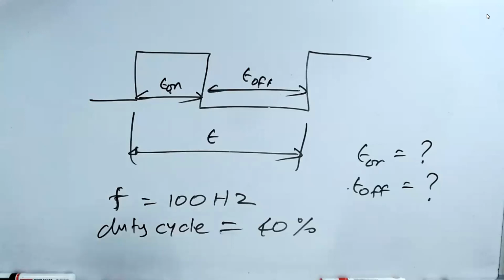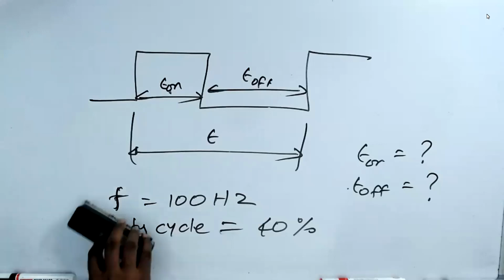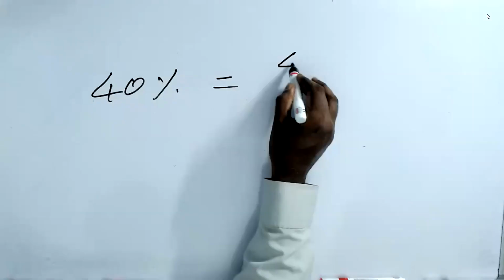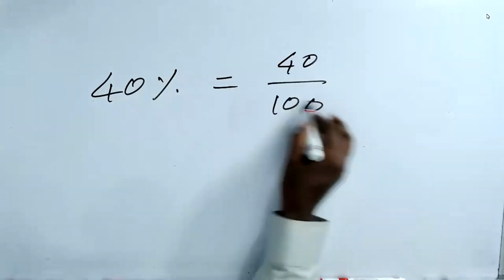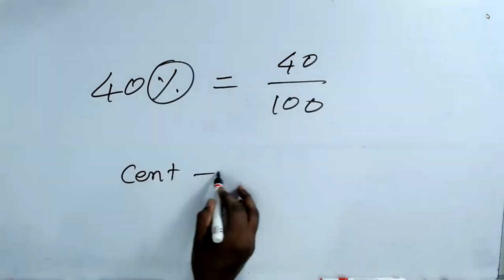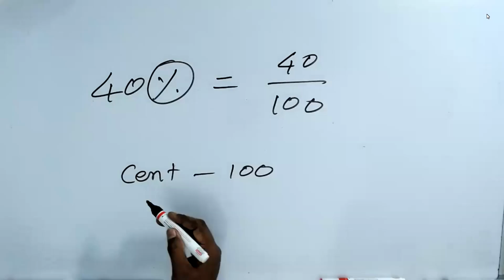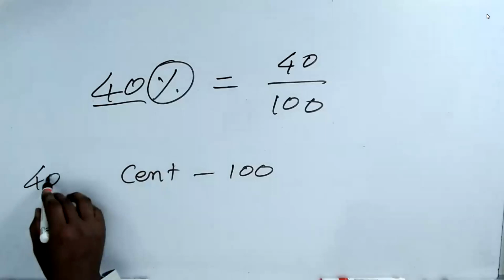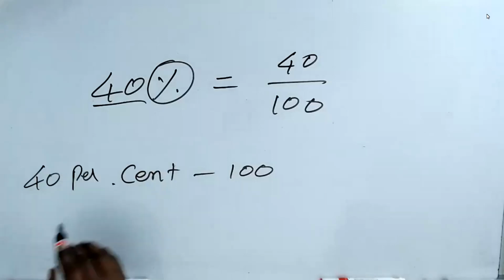Now it's very clear. That's the way, better. That's what I'm asking. You better learn it from me. So if you ask what is 40%? 40% means 40 by 100. That is what it means. Always understand, cent means 100. Century, everything is 100. When I say 40%, that is 40 per 100.